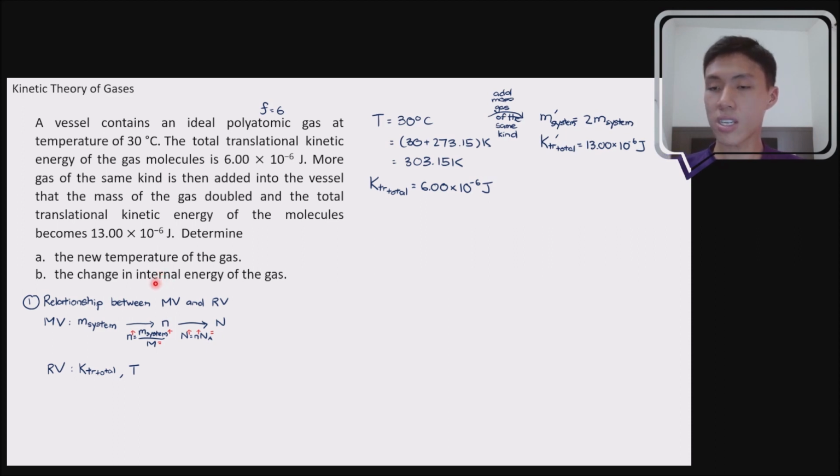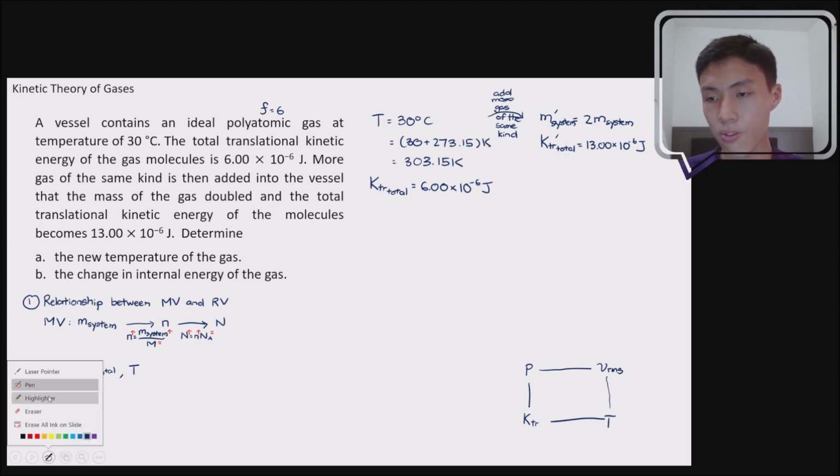We need to find an equation that relates all these things together. You have KTR total and you have your temperature. Well, if you look at your rectangle, the rectangle consists of pressure, connects to KTR, connects to temperature, connects to VRMS. Looking at this rectangle, we know that we are going to involve KTR and temperature.